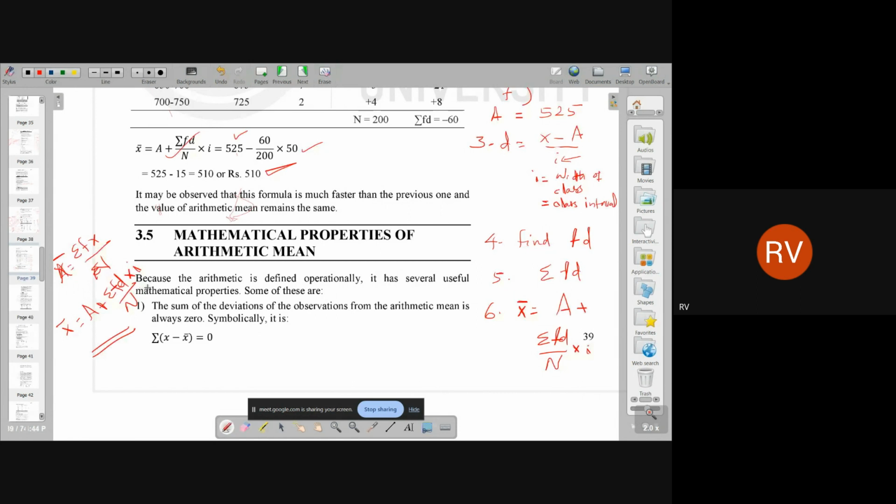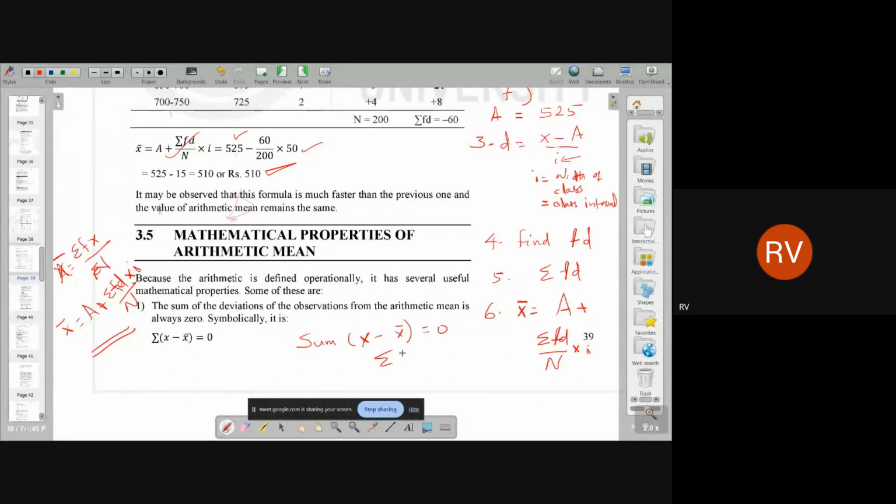Next, the mathematical properties of arithmetic mean. In any problem, if you find each x minus x bar, the difference between each x and x bar, their sum is equal to 0.